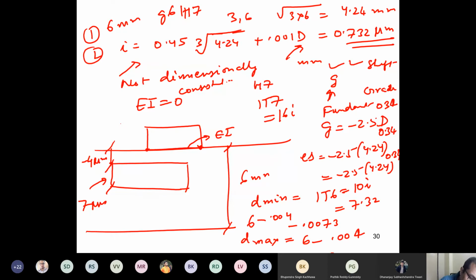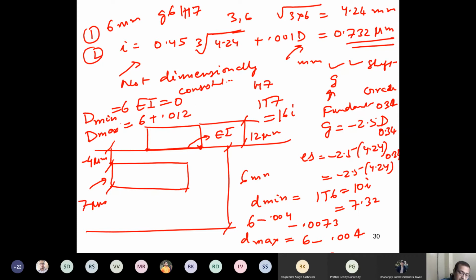So this dimension right here is 12 microns. Right. So capital D min will be 6 and D max will be 6 plus 0.012, 6.012.